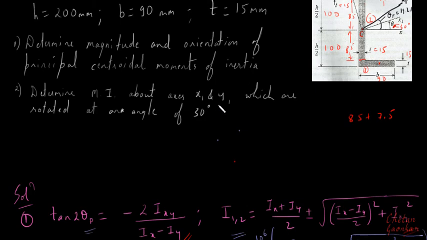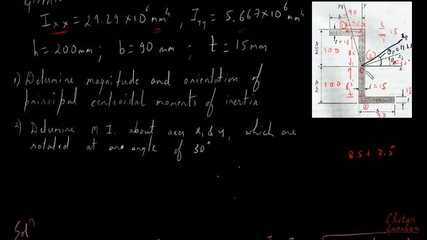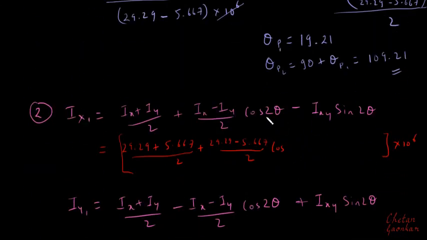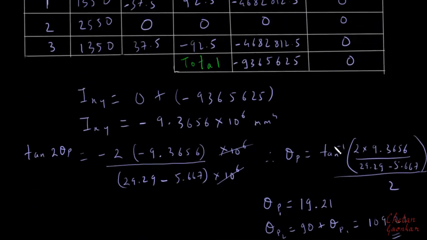He has asked us to find the moment of inertia about the axes which are oriented at an angle of 30 degrees. So theta is 30, and 2 theta will be 60, minus Ixy sine 2 theta. The value of Ixy we have got as 9.3656.